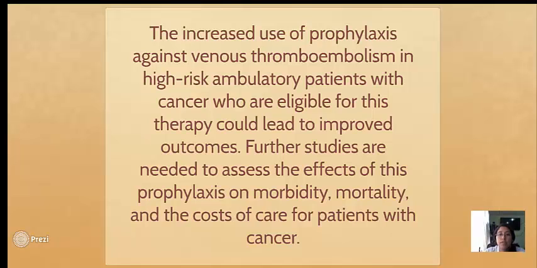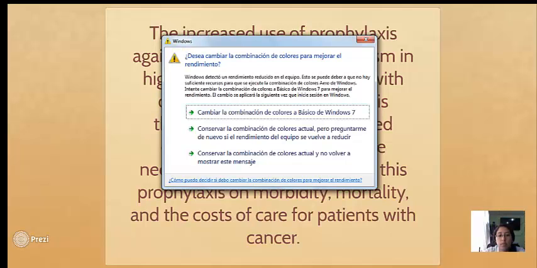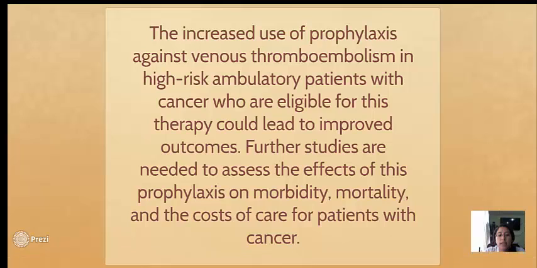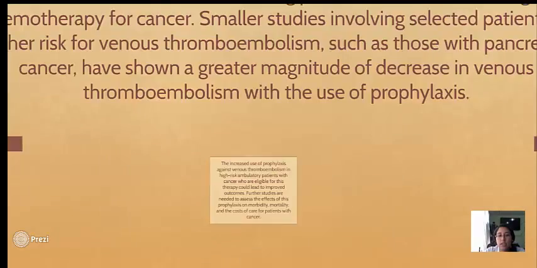The increase of prophylaxis against venous thromboembolism in high-risk ambulatory patients with cancer who are eligible for this therapy could lead to improved outcomes. Further studies are needed to assess the effects of this prophylaxis on morbidity, mortality, and the cost of care for patients with cancer.